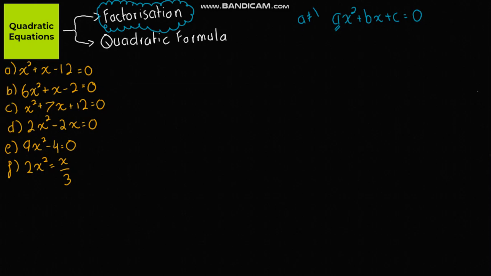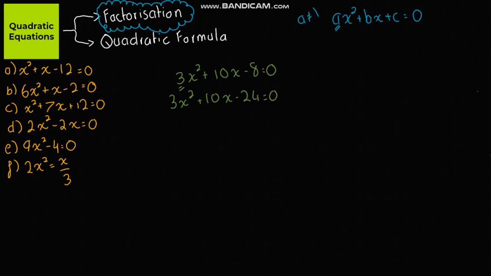Let's say 3x squared plus 10x minus 8 is equal to 0. Again, 3 is not equal to 1. It's obvious. Okay, so if you remember, a multiplied by c, so we get 3x squared plus 10x minus 24 is equal to 0.